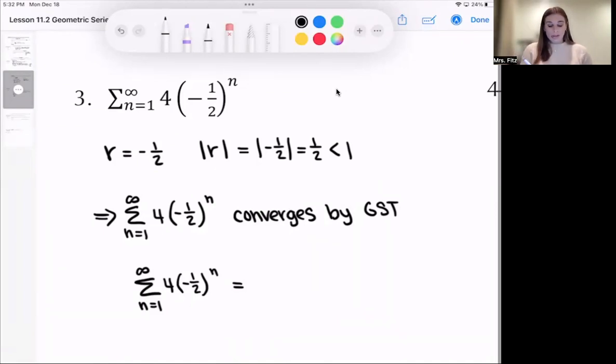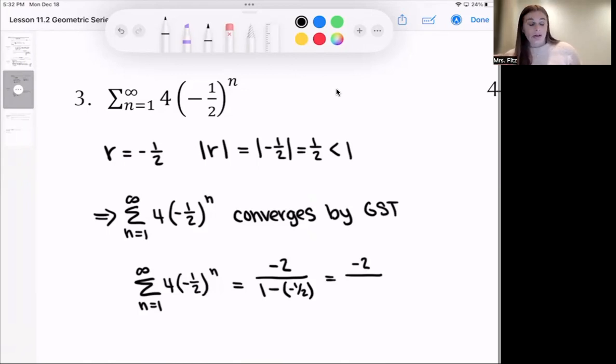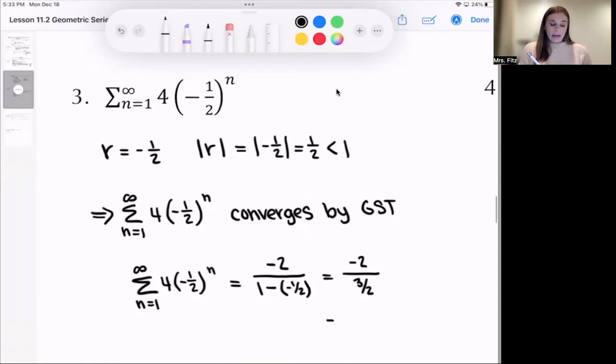My first term is negative 2, divided by 1 minus r, which is negative 1/2. So I get negative 2 divided by 1 minus negative 1/2, which turns into a plus. So we have 3/2. We multiply by the reciprocal, and I have negative 4/3 is our solution to that infinite sum.